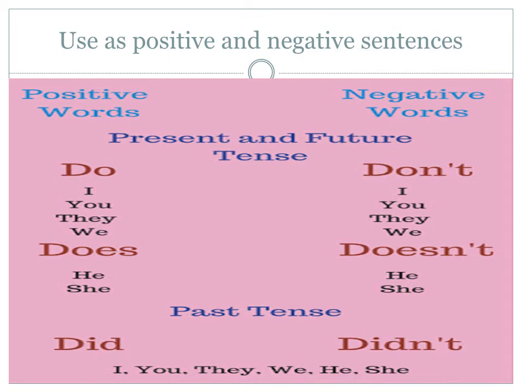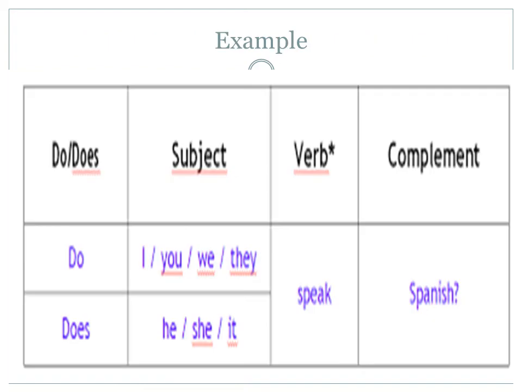But with third person singular we use does and doesn't in present and future form. But when we talk about the past form, we use did or didn't with every pronoun. We don't need to count whether it is singular or plural. We use did and didn't with them.